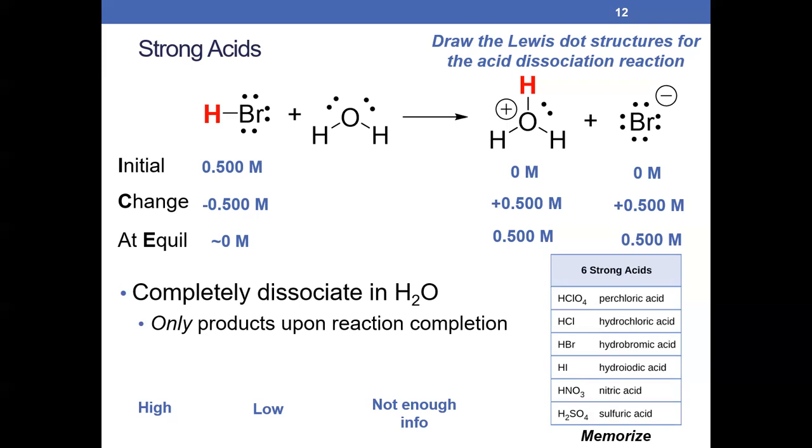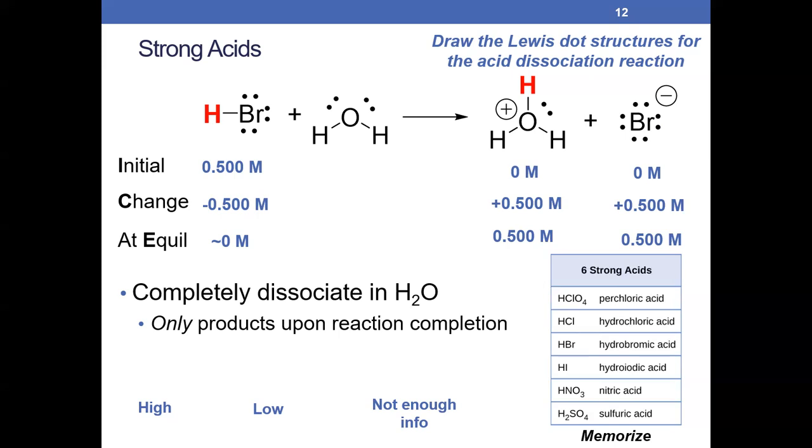These are what we're defining as our strong acids in this class. Three are easy to remember, since they are three of the halogens: HCl, HBr, and HI are strong acids. Then perchloric acid, HClO4, nitric acid, HNO3, and sulfuric acid, H2SO4, we're also defining as strong acids. These are ones you'll have to memorize, so make flashcards.